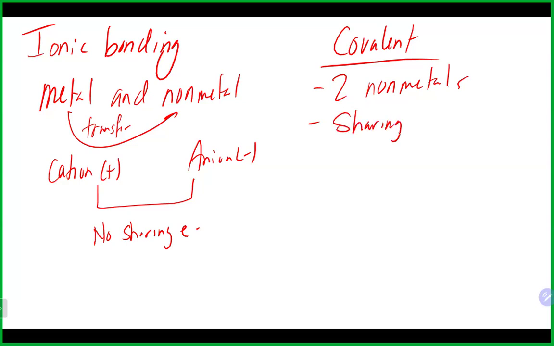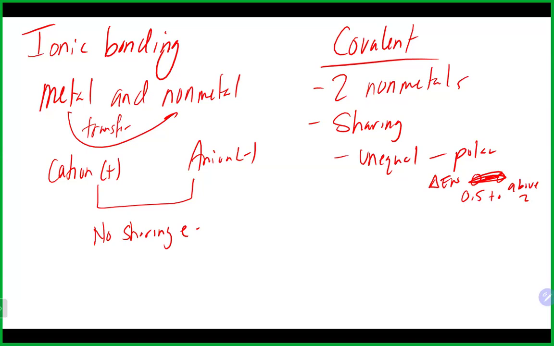We could have some unequal sharing, which is known as a polar covalent bond. If you take the difference in electronegativity, like we talked about, and it's not zero, but about 0.5 to above 2, that will give you a polar bond.